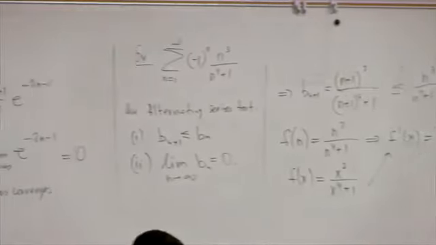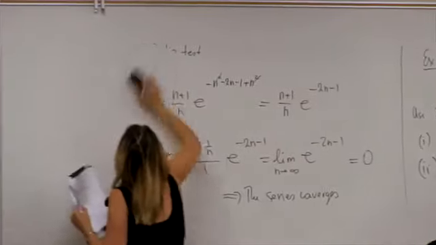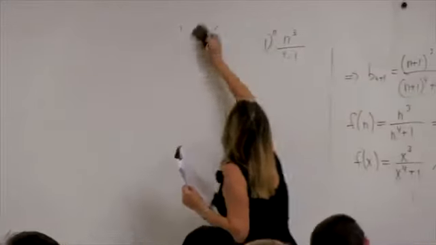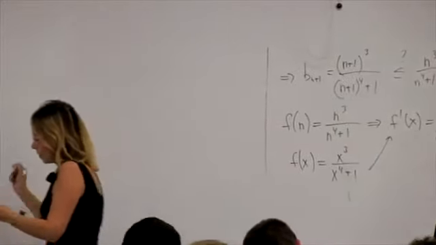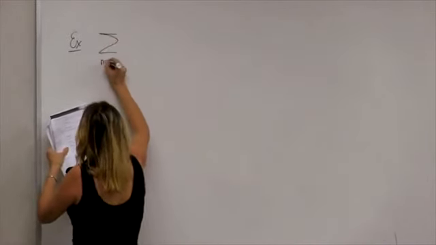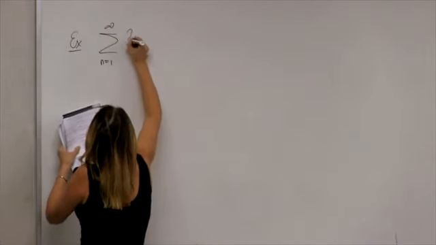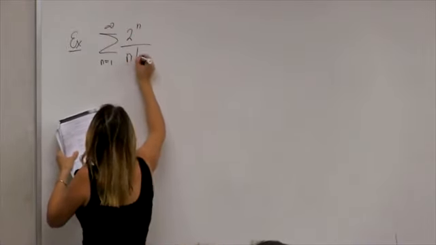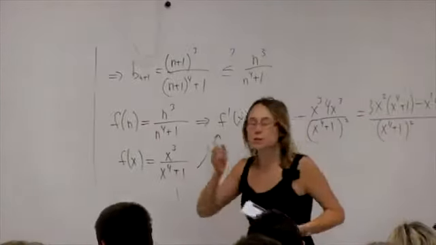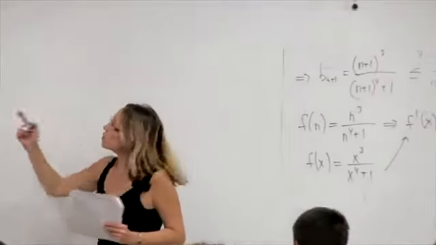Next example. 2 to the n over n factorial. This series calls for the ratio test because it involves a factorial.